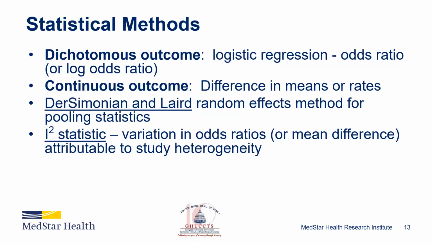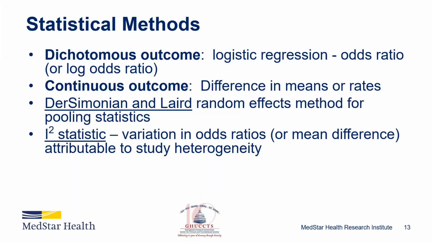And the particular method, the DerSimonian and Laird method, is one that's virtually used 99.9% of the time to do this. And then a statistic that we're going to focus on, because this is, at least in my opinion, probably the key statistic in a meta-analysis, is the I-squared statistic.